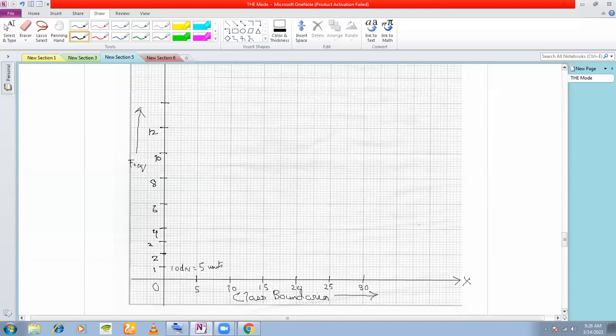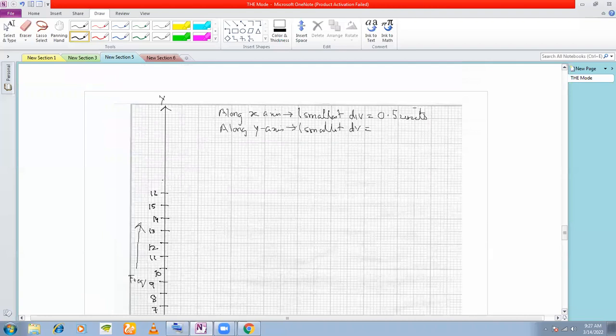Let me write it in this way. 1, 2, 3, 4. Then you have a 5. Then you have 7. You have 9. Then you have 11. Here you have 13, 14, 15, 16, 17 and 18. We'll go till 18 because the highest frequency is 18. You can even plot till 20, no problem. But the highest frequency that we require is 18.